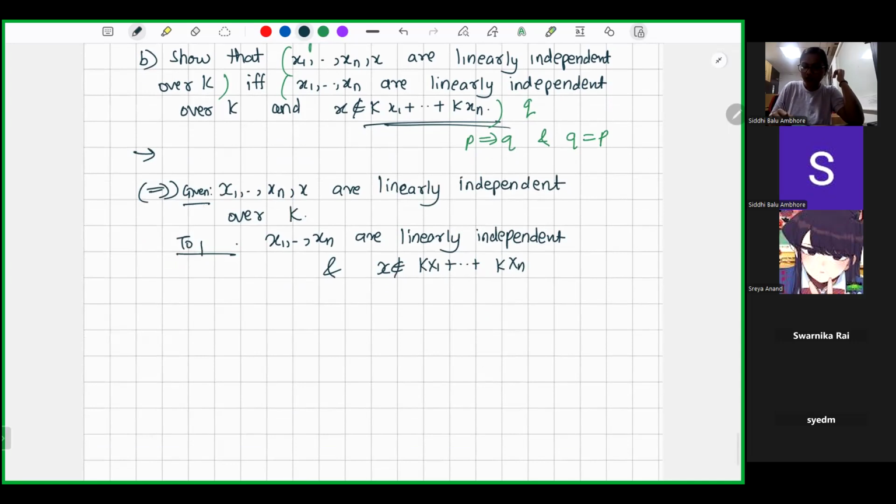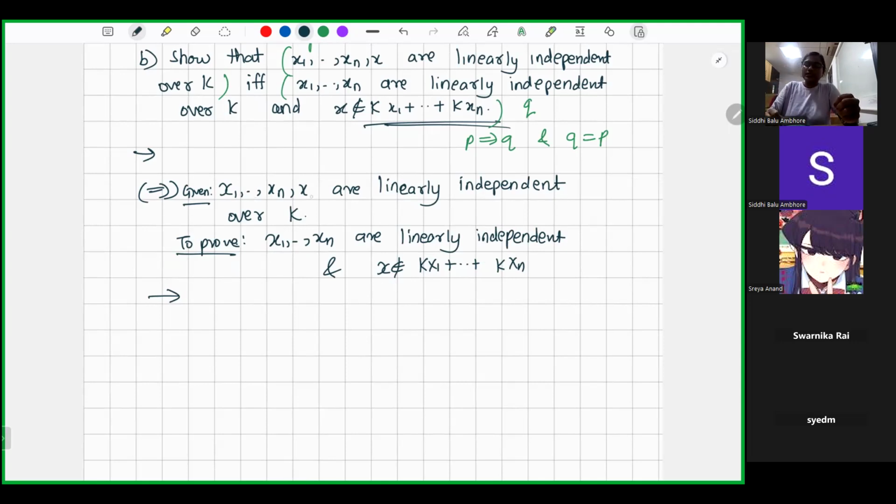Okay, so how to prove this? Any idea? Now what they did was they have given us information about the bigger set, and they are saying that it is linearly independent. And what they are saying is now its subset x1 to xn is linearly independent, and this x does not belong to a linear combination of the others.